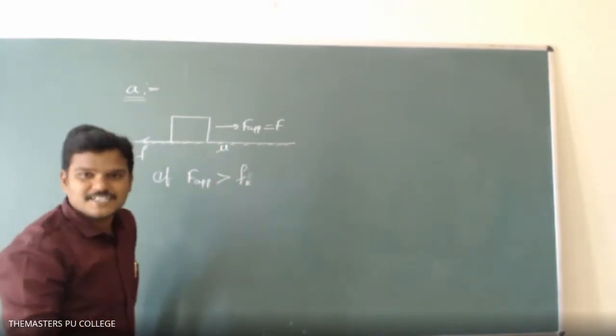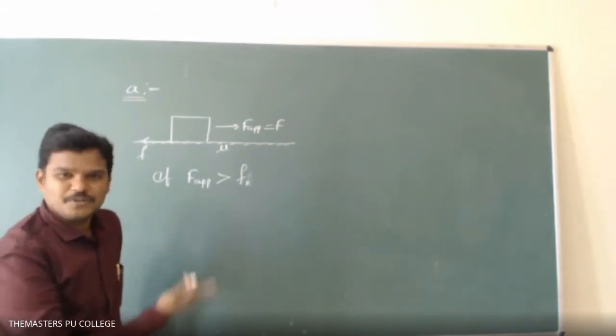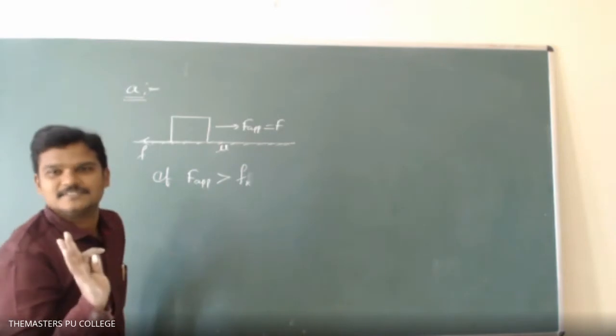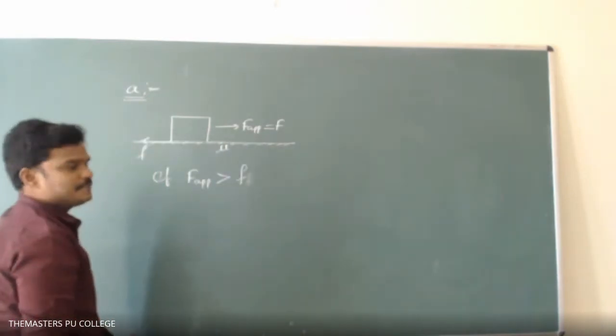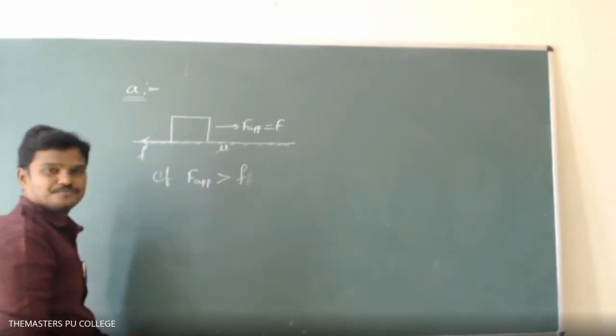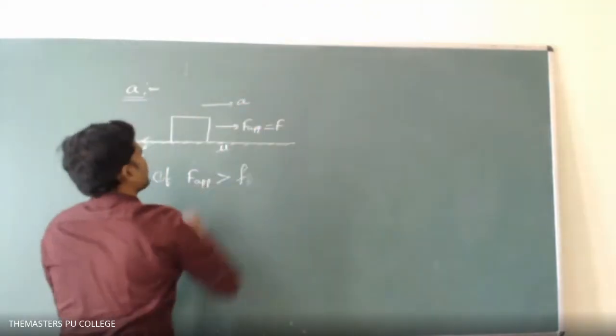When it is at rest, you think that is Fs. If it is in motion, no need to mention it separately, Fk, that's it. If F applied is greater than frictional force, then will the body move or not? It will move, sir.